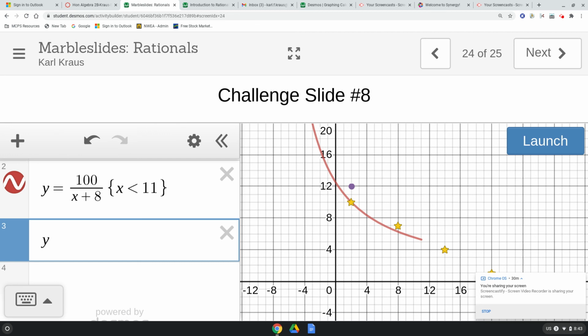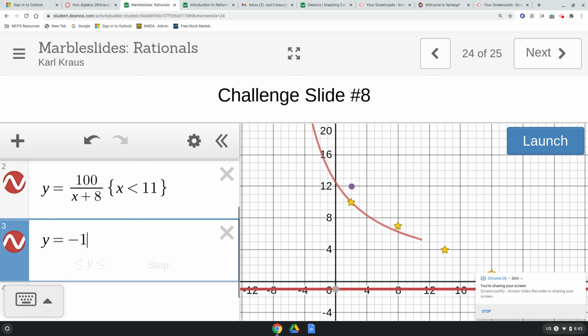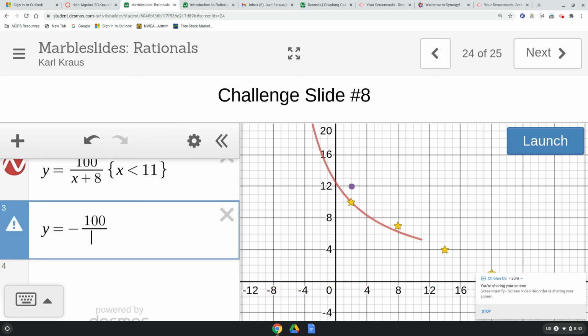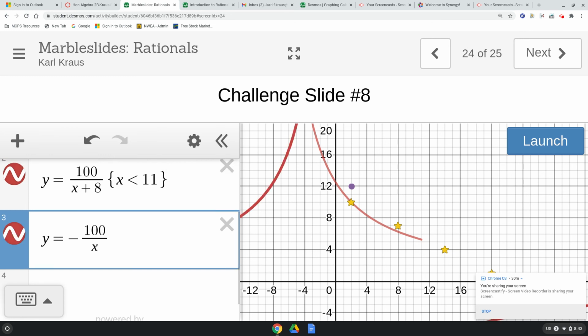I used a big dilation again, actually the same graph, and then reflected it over the Y. And then moved it up 4.